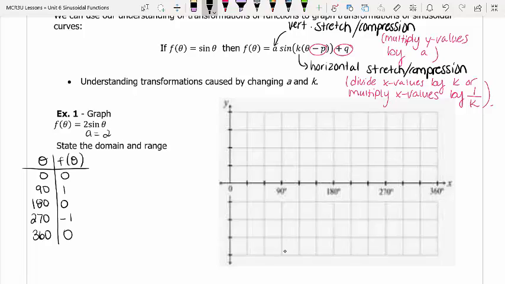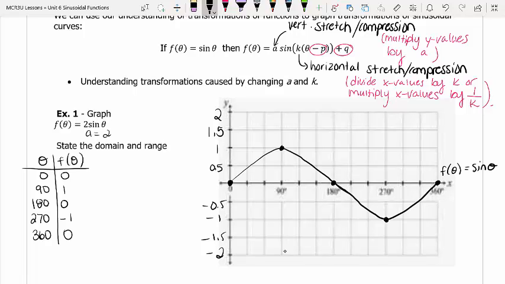Let's plot that base graph on the graph to the right. There is our base graph.